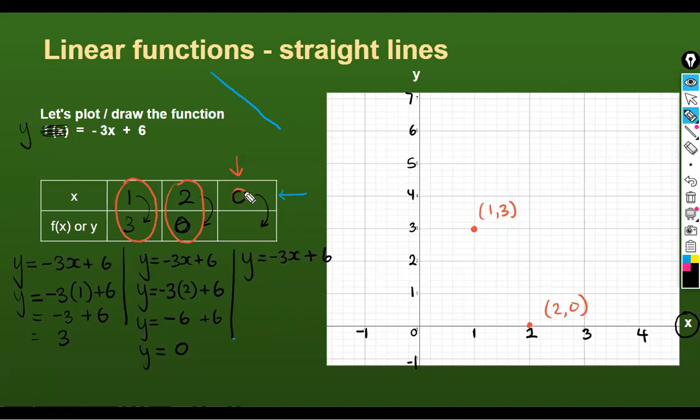Could you all choose x as 0? Nothing wrong with choosing x as 0. When x is 0, what's the corresponding y?